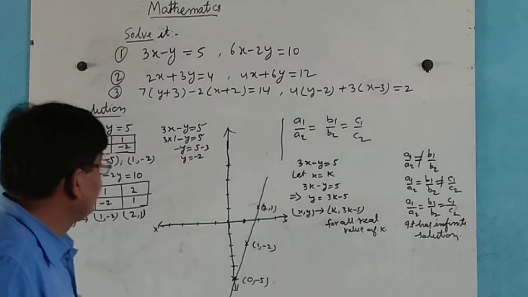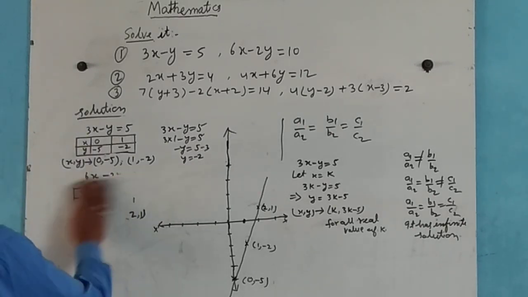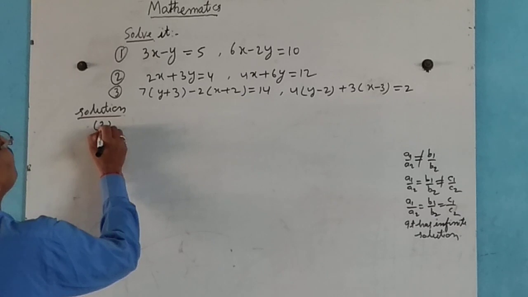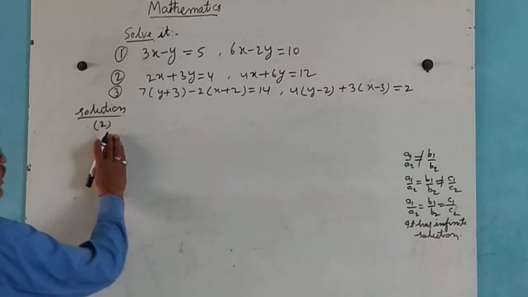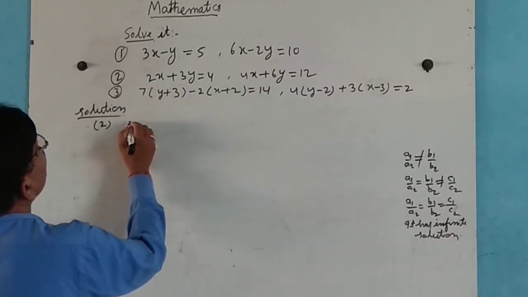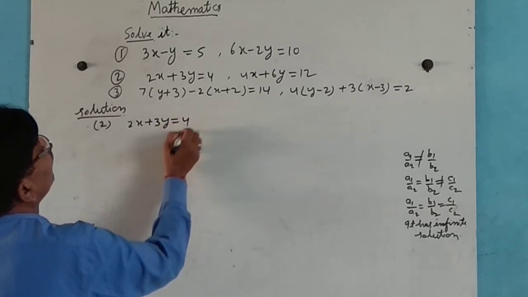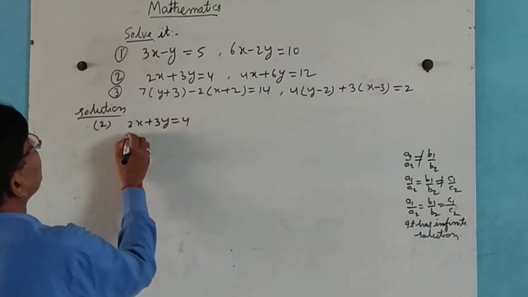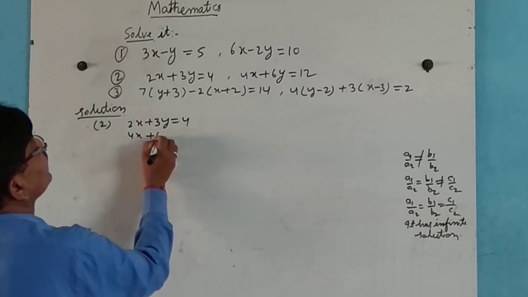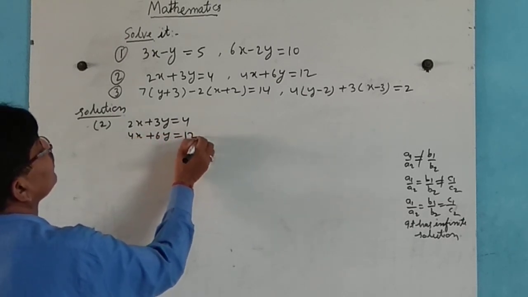Now the second question: 2x plus 3y equal to 4 and 4x plus 6y equal to 12.